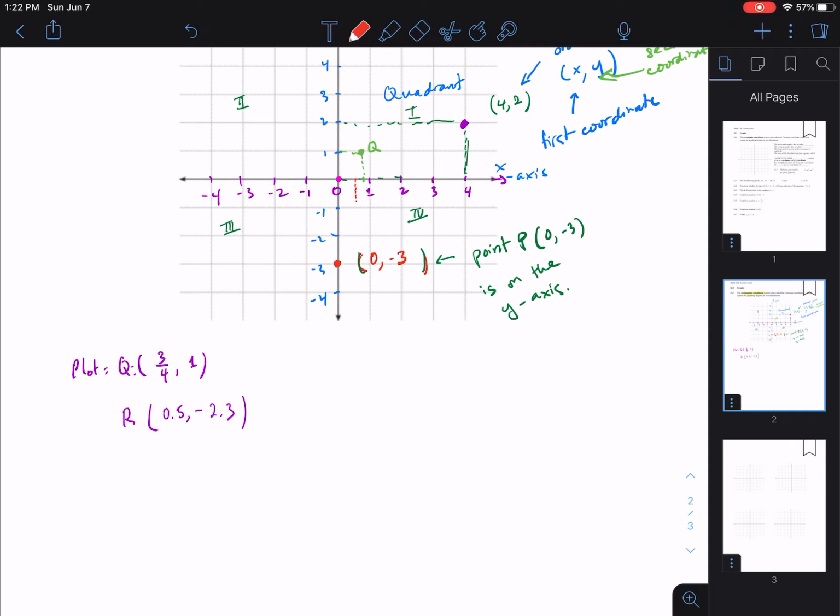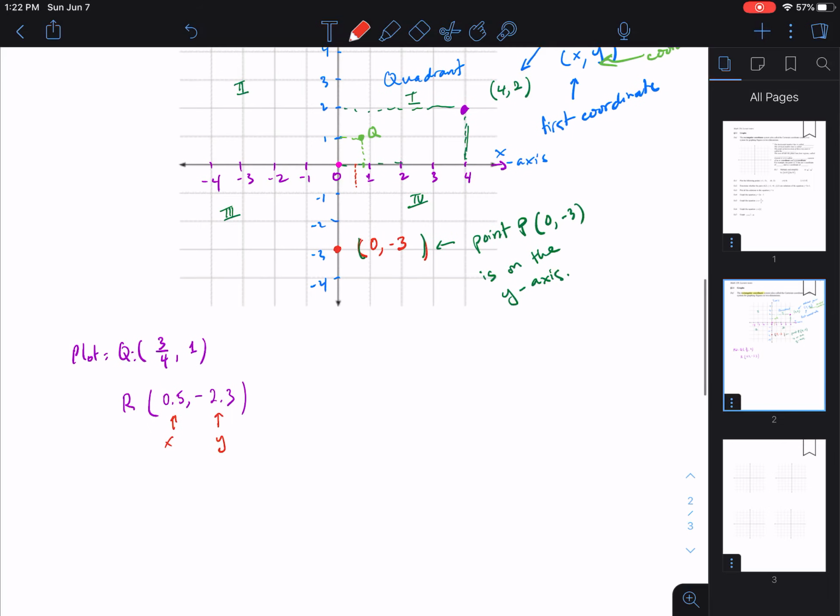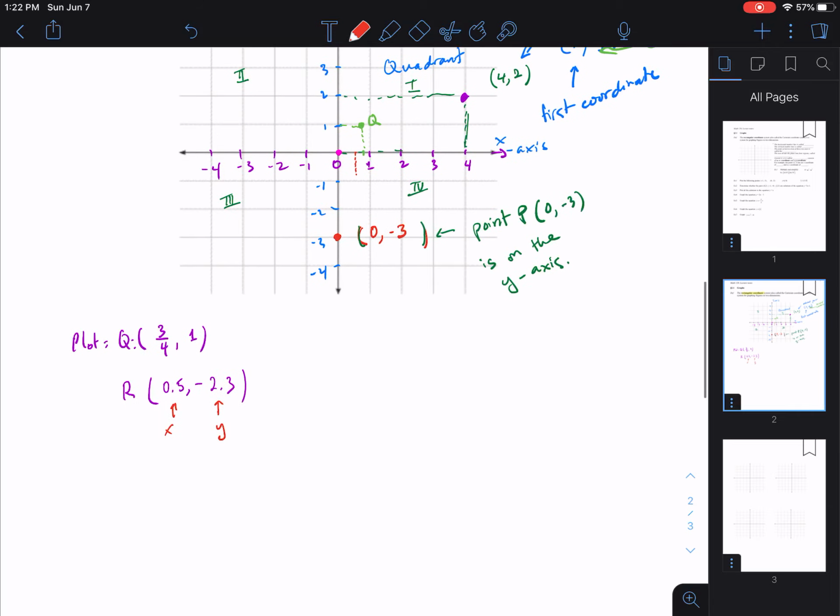And then the y coordinate, negative 2.3, so we're going to go down 2 units from the x-axis, and then a third. So negative 2, negative 2.3, I would say around here somewhere, right, because it's less than 2.5. So that point there, we can call R, with the coordinates 0.5 and negative 2.3.